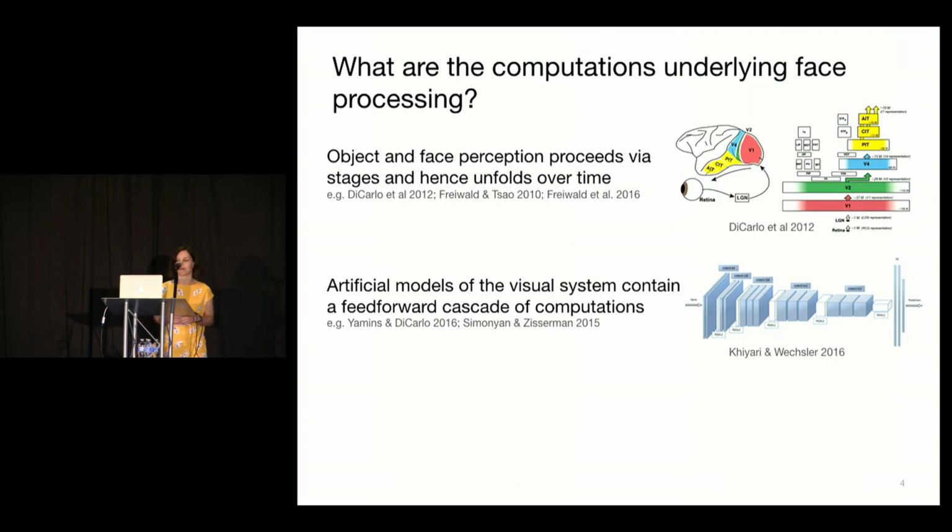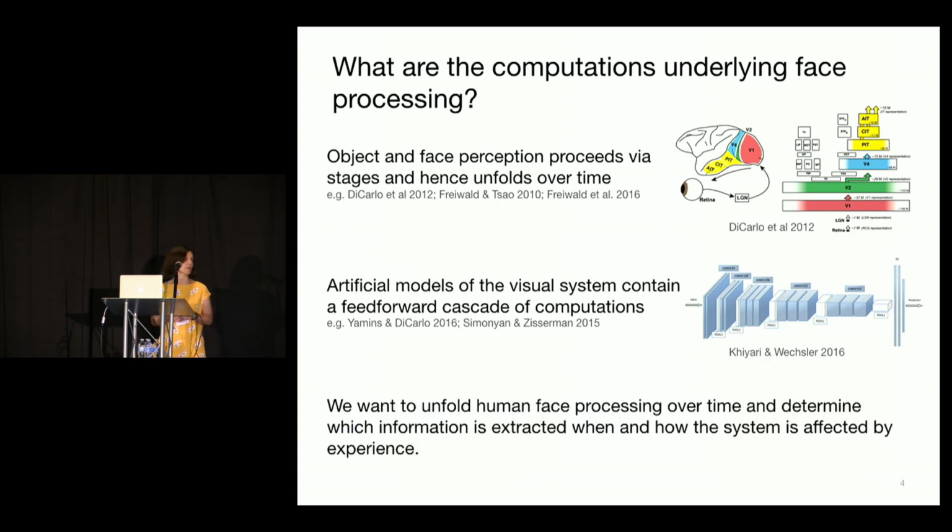So a key property of any complex computation, be it biological or artificial, is that it proceeds in various stages and hence unfolds over time. Here, we want to unfold face processing over time and determine which information is extracted when, and how the system is affected by experience.